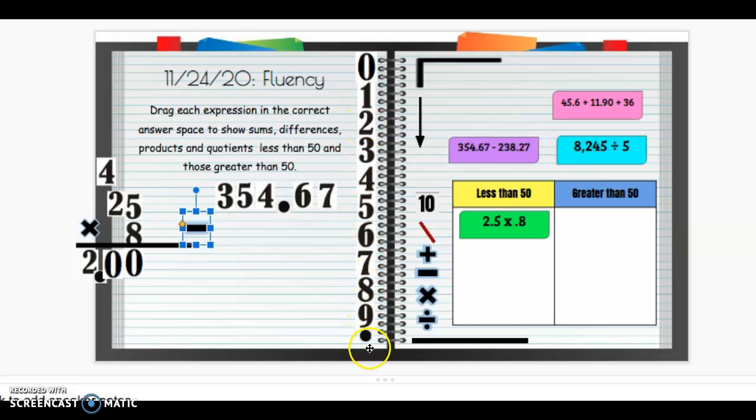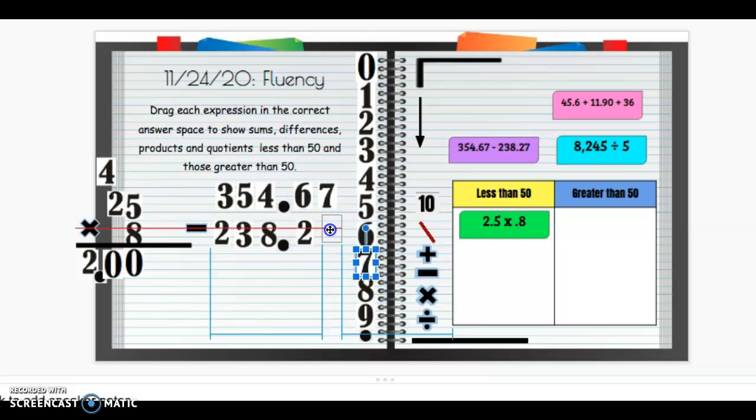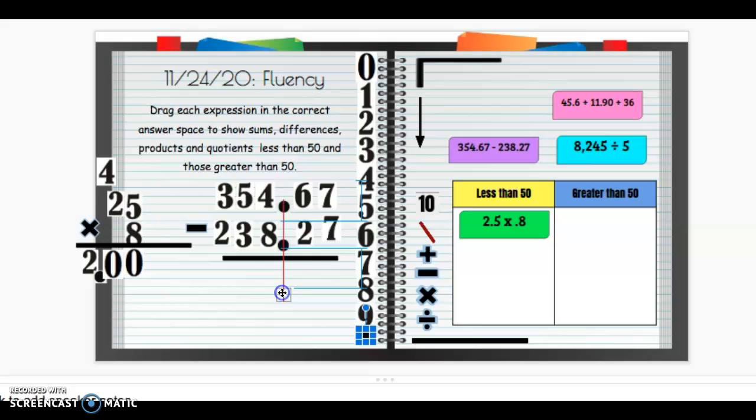Well, first I'll put the decimal point. And then looking, the number right in front of the decimal point is an 8. The number in front of the 8 is a 3. And then a 2. And then right behind it is a 2. And then a 7. And my line. Drop my decimal point down.